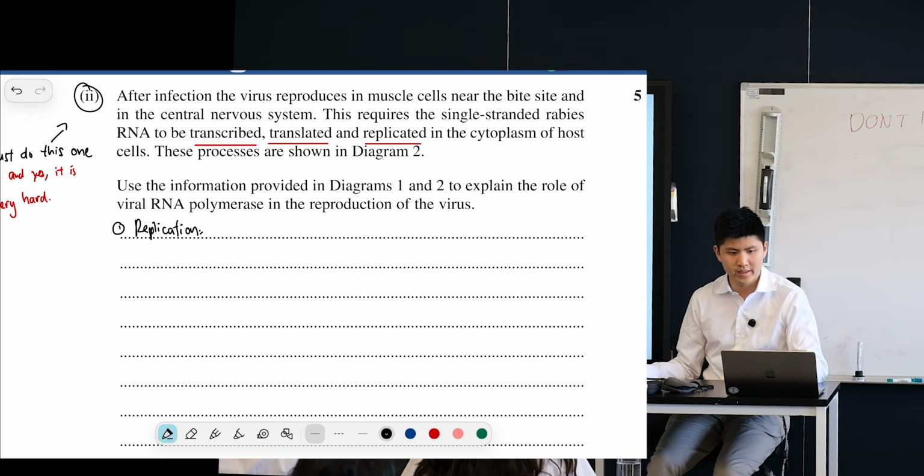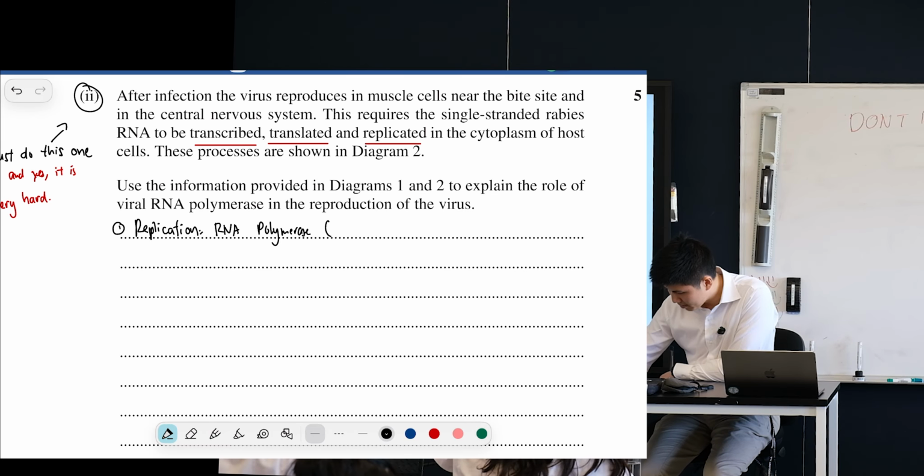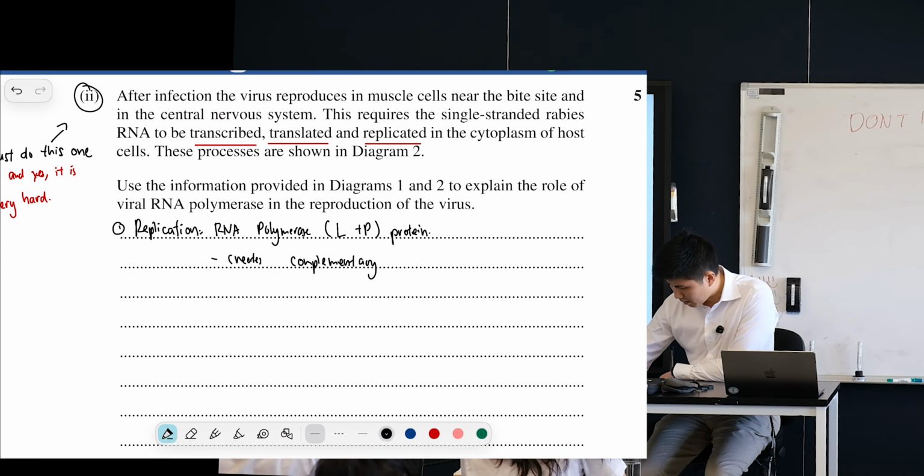So I should probably say RNA polymerase is the L and P protein. And I can talk about how this creates complementary RNA strands.